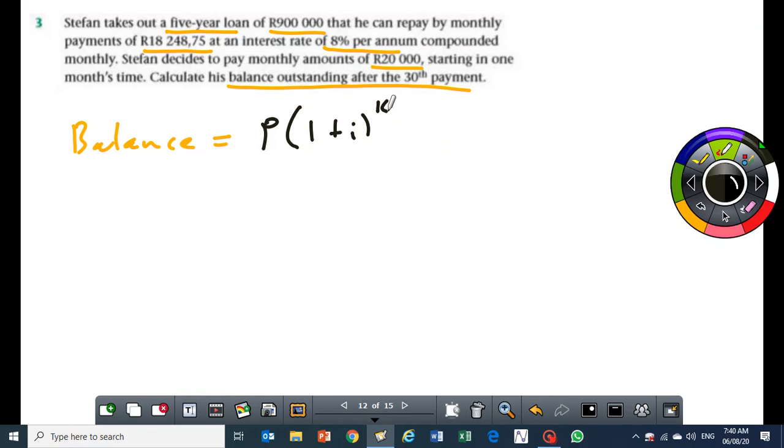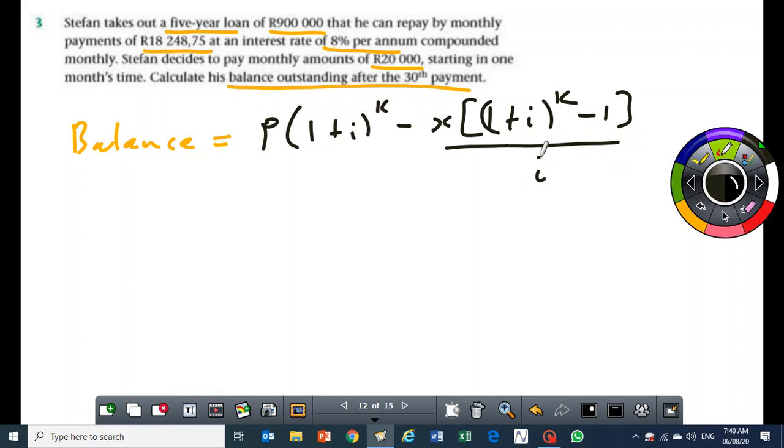So we put K there, not N, minus X. We have to calculate the future value of the payments made, and then that future value, we have to subtract it from the compound interest formula. So you have to have that. Okay, so this is the first formula.